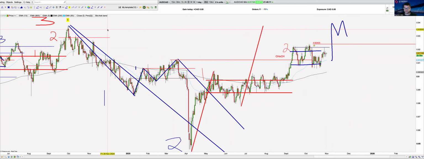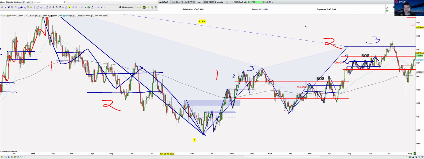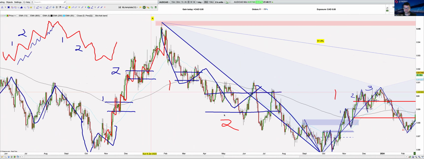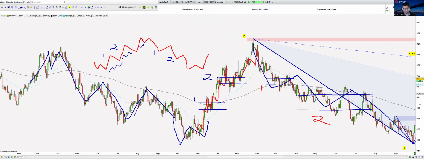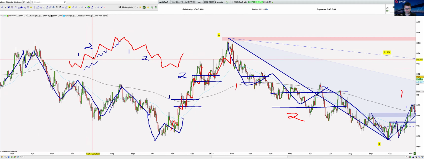So let's start on AUD CAD. Let's just go back to here. I always like to start here just to put into context what we are looking at as a concept. So the concept is this little red staircase, 1, 2, 3 to the high and 1, 2, 3 to the low. Just to make it clear, this shows in all time frames.